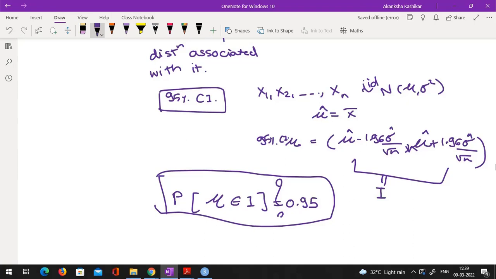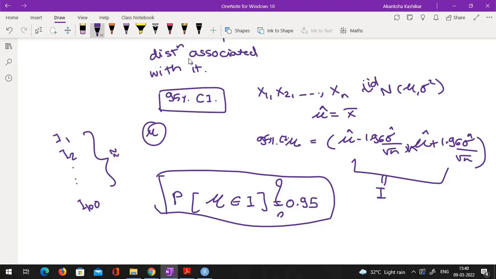So what is random here is the interval. If I repeat this experiment 100 times, with samples from 100 different people, then I'll get I1, I2, ..., I100 as my 100 intervals, and out of these 100 intervals, roughly 95 are supposed to contain that constant mu that I have, correct?